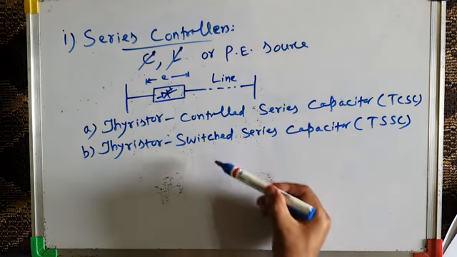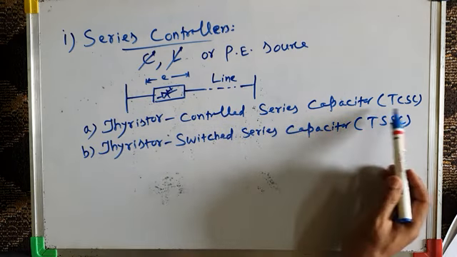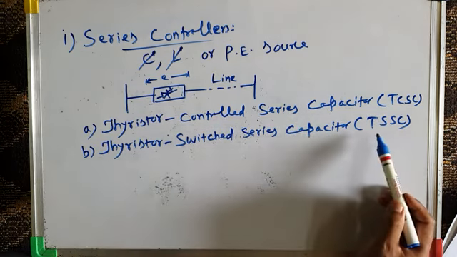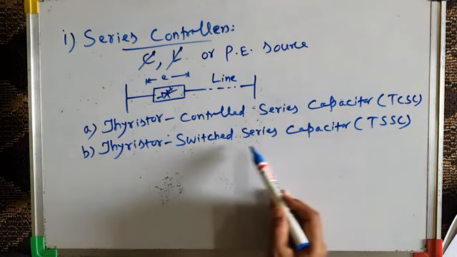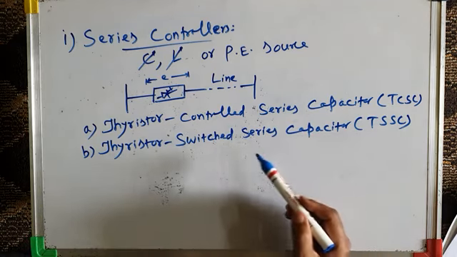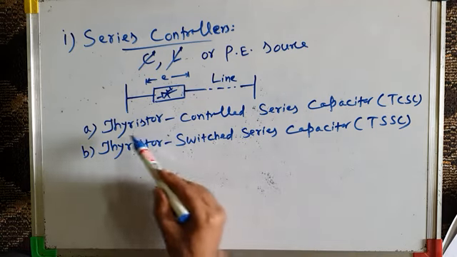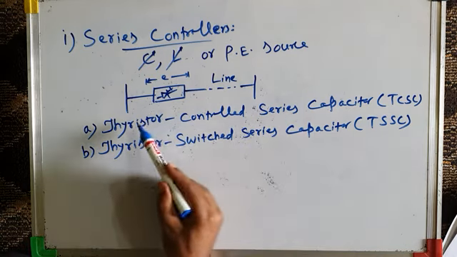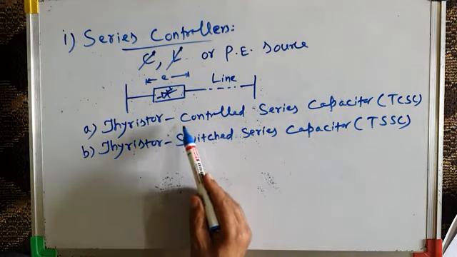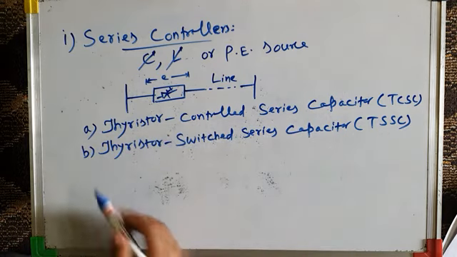The difference between thyristor controlled series capacitor TCSC and thyristor switched series capacitor TSSC is that in thyristor switched series capacitor only a few discrete capacitances are added in series with the line, whereas here the capacitance is continuously, smoothly controlled. It is a variable capacitance in series with the line.